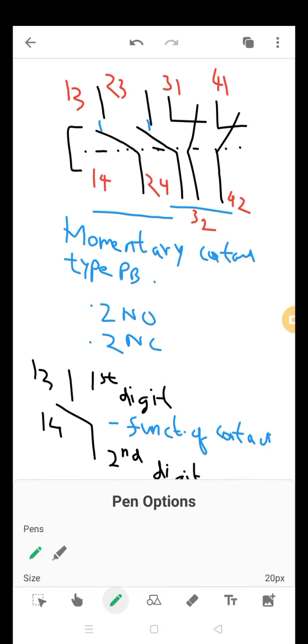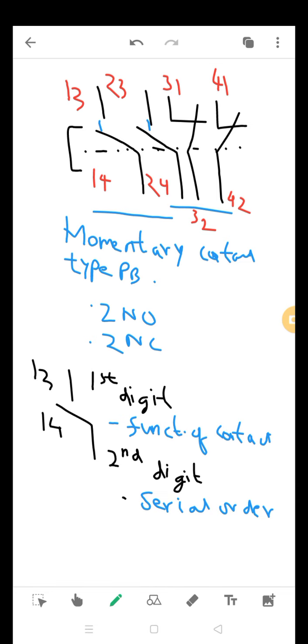So 3 and 4 means that there is no contact, as you can see from the diagram, and the first one is your serial number.